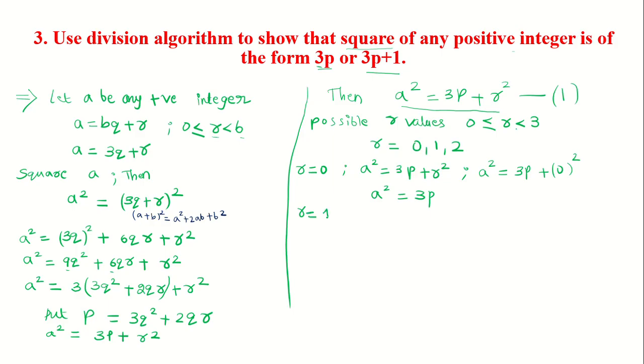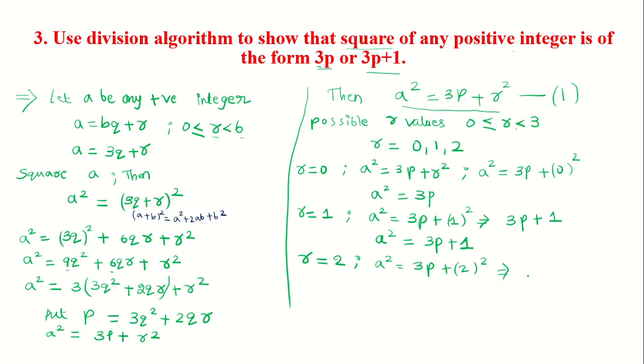Similarly, when r equals 1, a square equals 3p plus 1 square. So what will be the final answer of this equation? That is 3p plus 1. So when r equals 1, we get a square equals 3p plus 1. Similarly, when we take r equals 2, a square equals 3p plus 2 square. So it will be 3p plus 4.